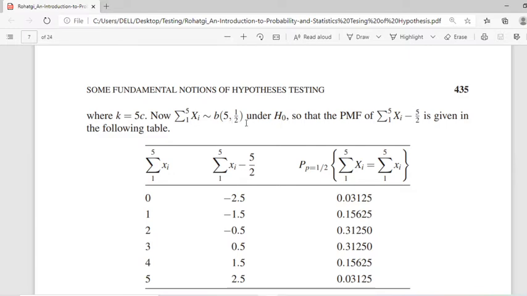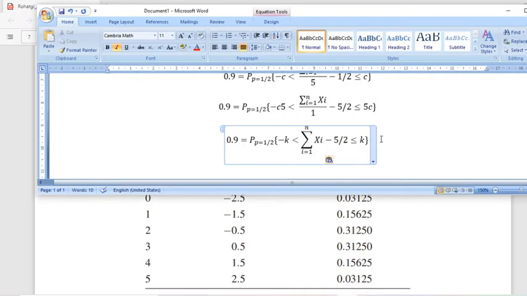We can find out the probability of summation i from 1 to n xi. So what is the formula for finding the probability for summation xi?